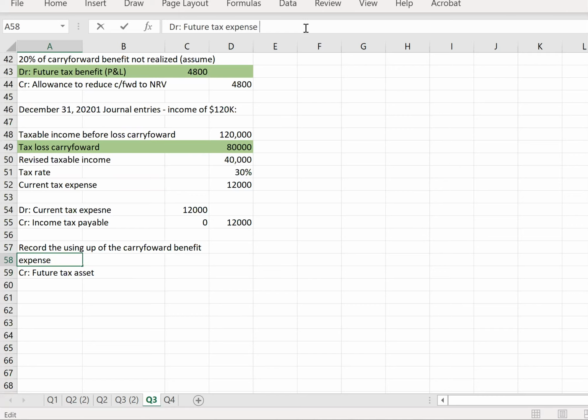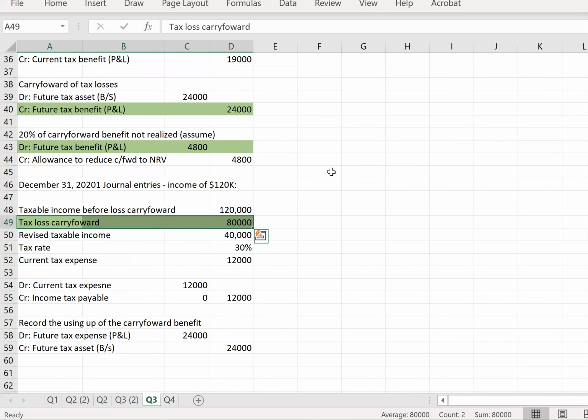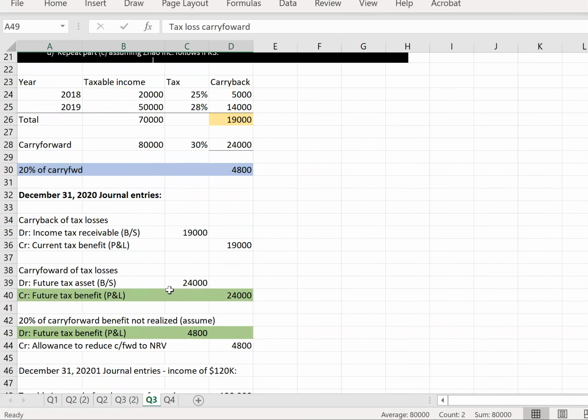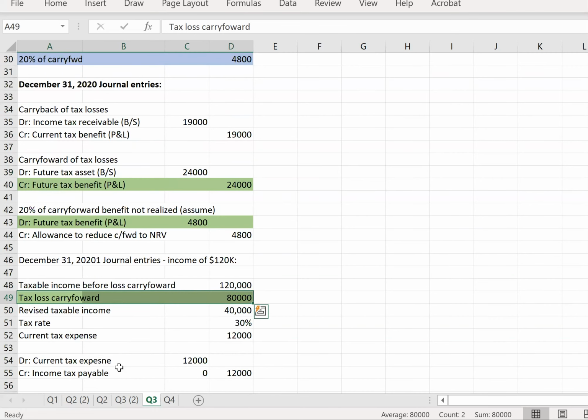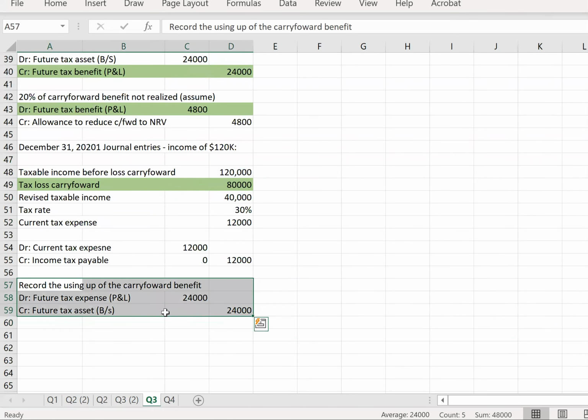So this is P&L, and this is balance sheet. We're just taking the 24,000 off. Arguably, we did use up the entire 24,000 because we applied the whole 80,000 against our taxable income. So we used up our entire carry forward benefit.